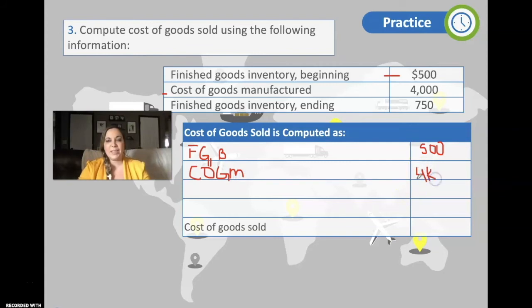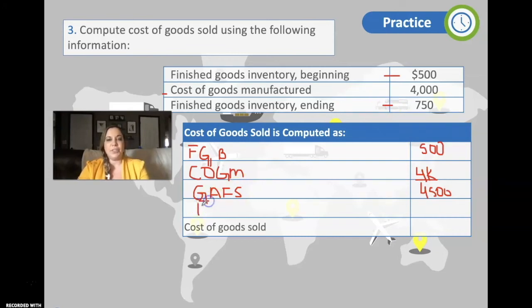When we add these together, this equals our goods available for sale. I'm just going to abbreviate goods available for sale, only because it's hard for me to write with this. 500 plus 4,000 is 4,500. The last step is to subtract the finished goods inventory ending balance from this.